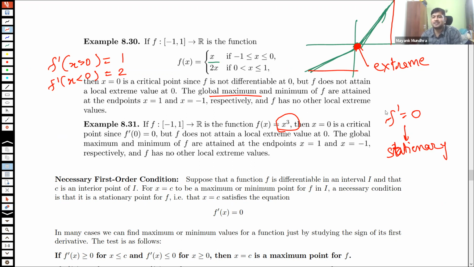Okay, so let's test this argument here. This is a very common misconception that people have, that if f prime becomes 0, the function stops increasing.